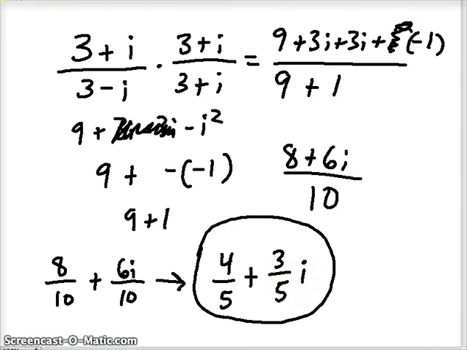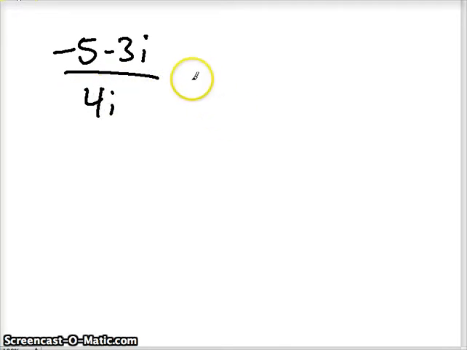All right, let's do one more, maybe two more. See how fast we go here. Let's try negative 5 minus 3i divided by 4i. So here's one that may seem tricky at the beginning. If we're going to try and find the conjugate of this, really what is happening is this is 0, our real number in front, plus 4i.